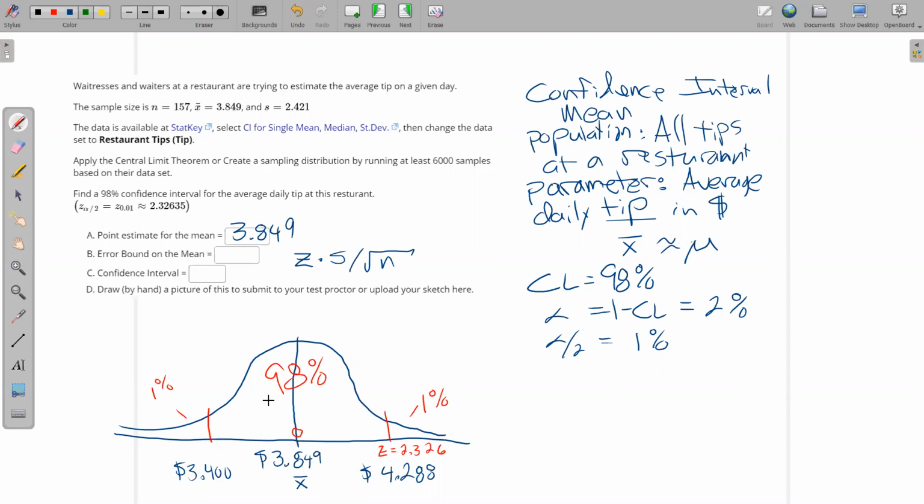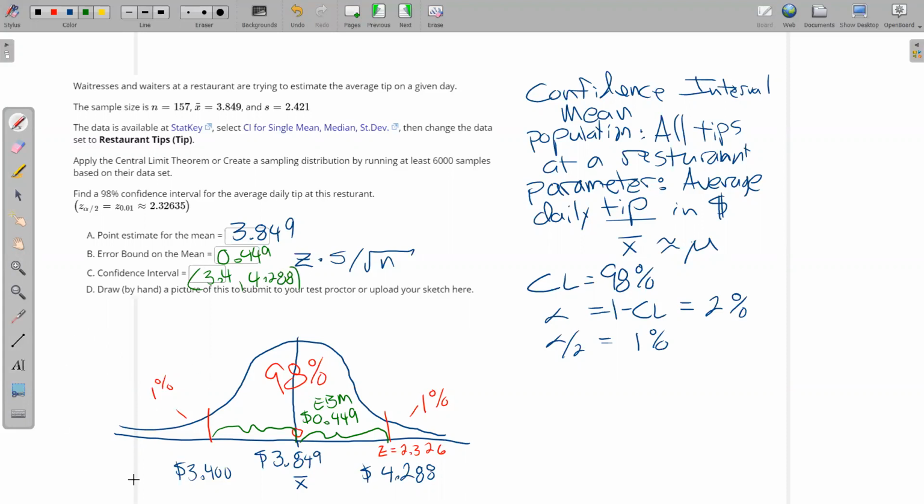Let's put it in green. So that's about the distance from here to there, or from here to here. So that's the error bound on the mean, about 0.449. So that's my margin of error. And my confidence interval would be parentheses 3.4, zeros don't matter, and then comma 4.298 for mine.